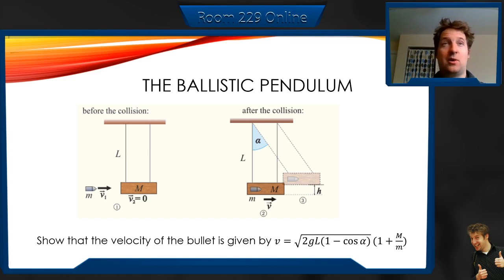So all the energy will be stored in the material, and all that energy is then going to push the pendulum over, and it's going to rise up to some height. So it starts off with 0 height, and then it's going to raise up to some height. If we are looking at this from a practical point of view, measuring that height is going to be difficult. The angle will be a lot easier.